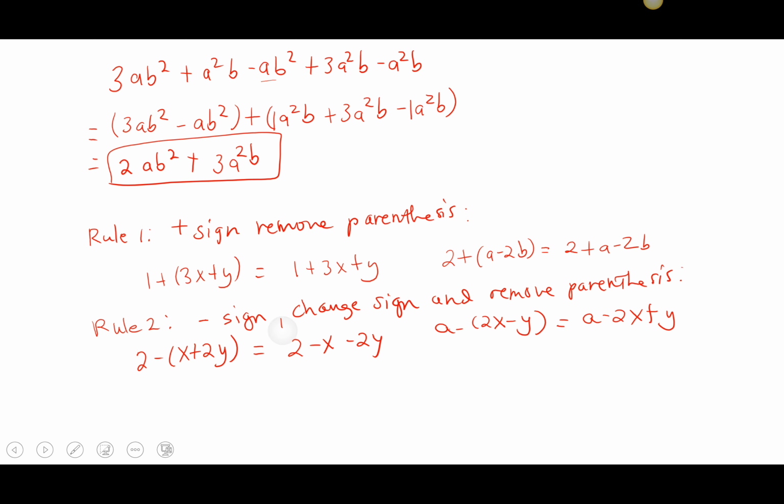Okay? Rule 3. Rule 3 states that if the parentheses has a multiplier in front, multiply each term inside the parentheses by the multiplier. So if it has a multiplier in front, like a number, you multiply each term inside by that number.